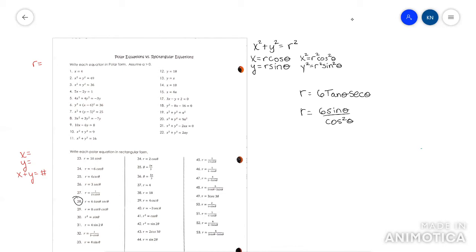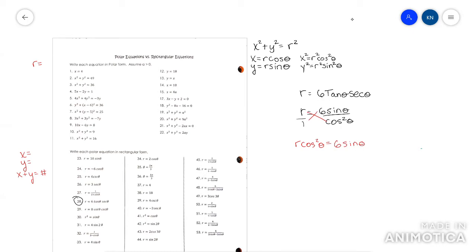Now, you can think about it as cross multiplying or as timesing by cosine squared, kind of like the last problem. Either way, it's the same thing though. Whether you times by cosine squared or you cross multiply, you're going to end up with r cosine squared theta equals 6 sine theta.